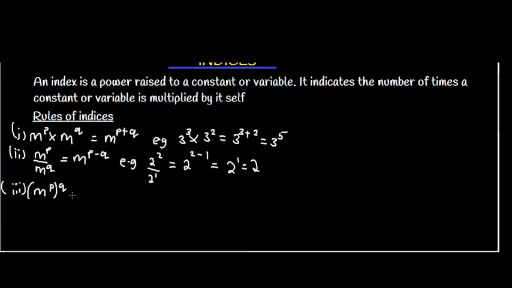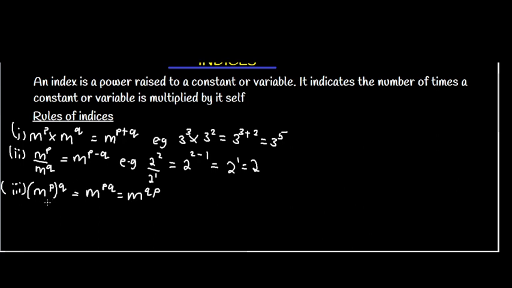Here we are saying that m to power p, in brackets, to the power of q, is the same as m to power pq, which is also equal to m to the power of qp, like that. That's also a rule in indices.